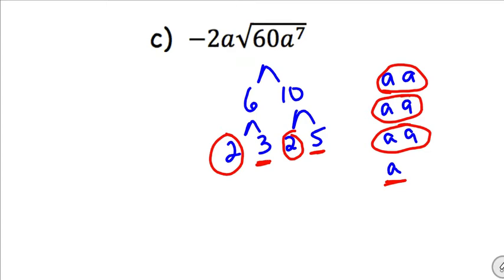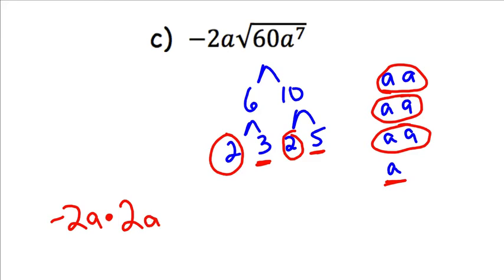All right, so now let's rewrite this. So I had the negative 2A out front that was out front in the problem, right? That stays out front. These 2's that I have circled will come out. So times, we're going to bring that out front. And then this right here, 1, 2, 3, I had 3 A's that came out front. If you want to write that as A times A times A, you can.